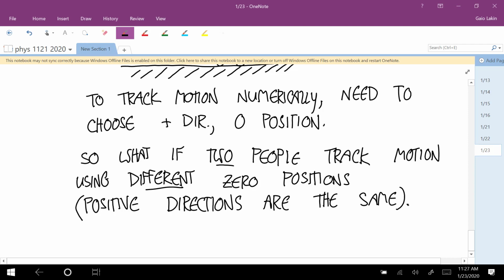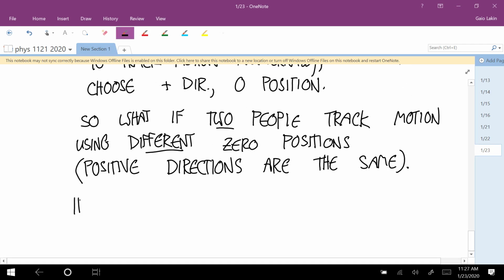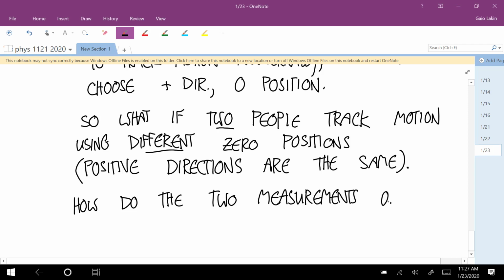So the question is, how do those 2 measurements of position compare, relate to each other?